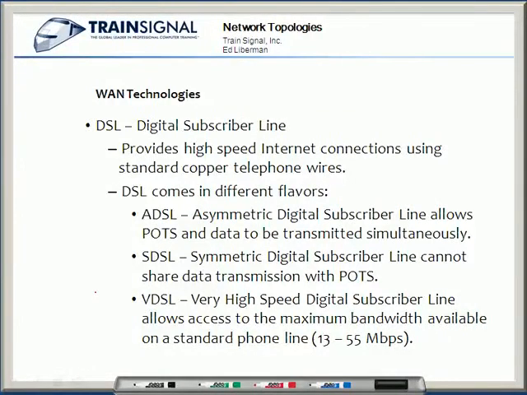That's quite fast relative to your typical ADSL, which is going to be closer to between 1 and 3 megabits per second.